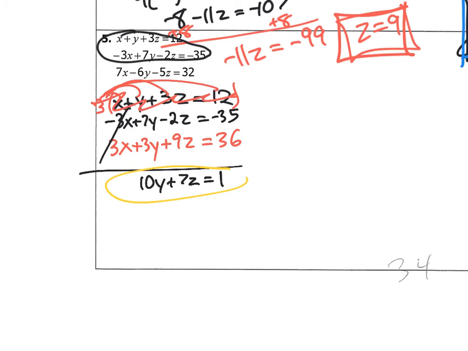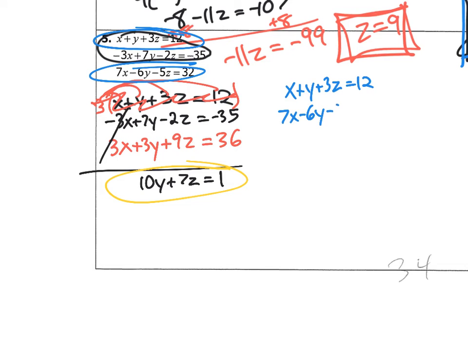That's my first reduced system. Then I'm going to take the first equation and the third equation, and I'm going to multiply the first equation by negative 7.